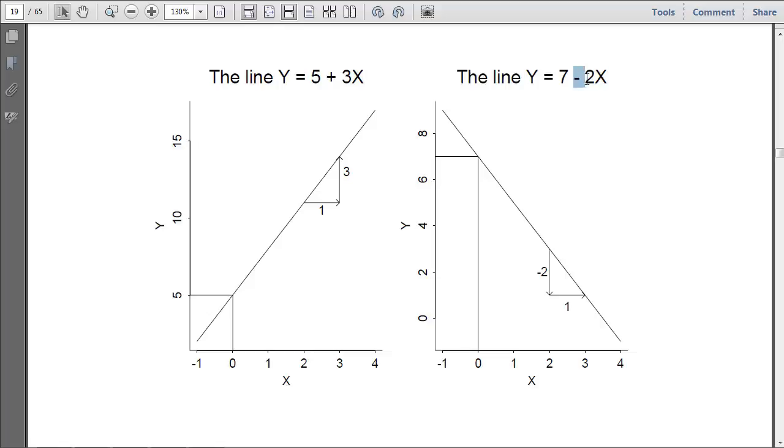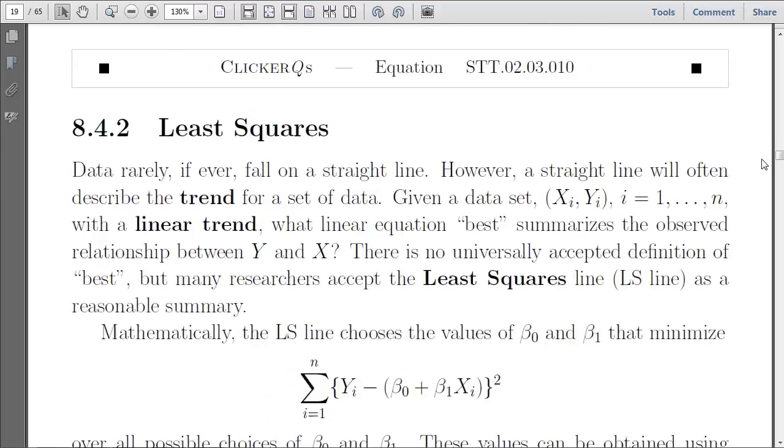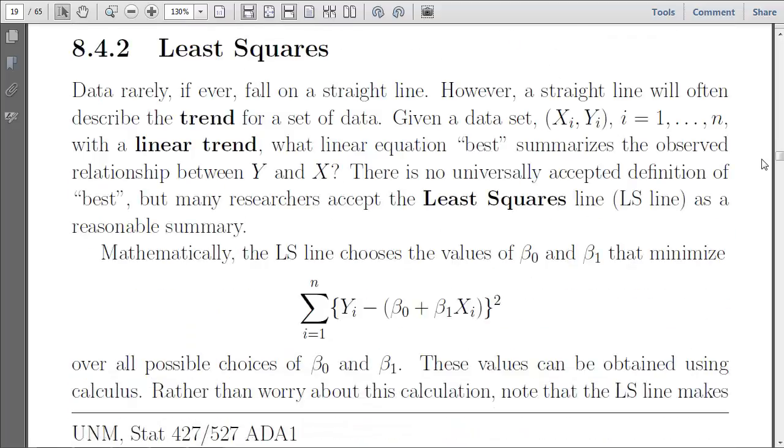So if I use language like we expect for every unit increase in x for y to increase by negative 2, that's the same as decreasing by 2. So I may interchange those ways of discussing the slope.